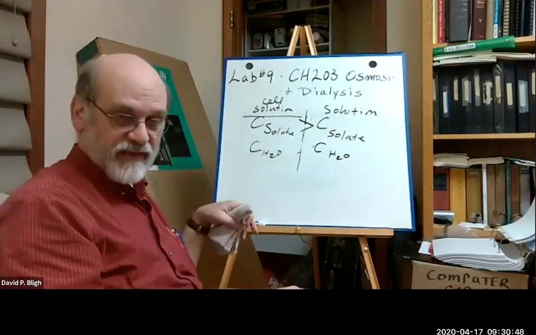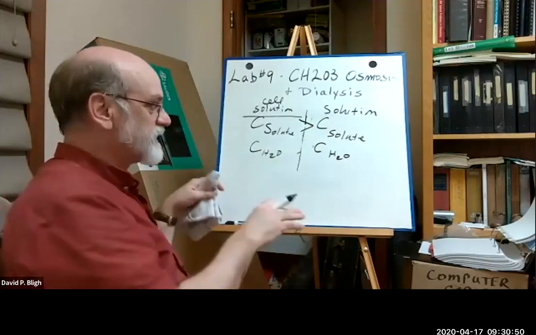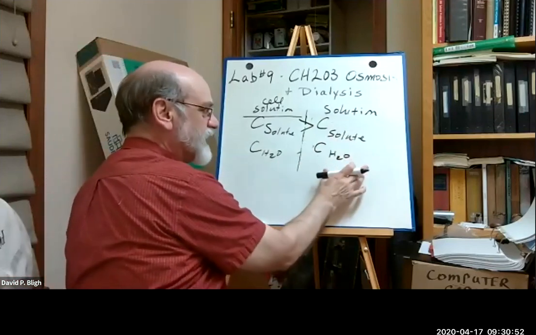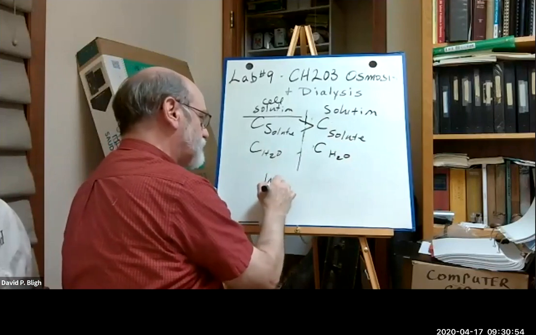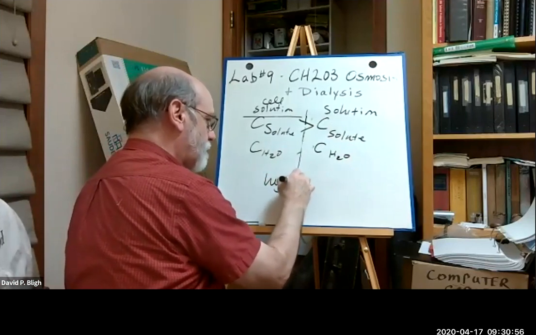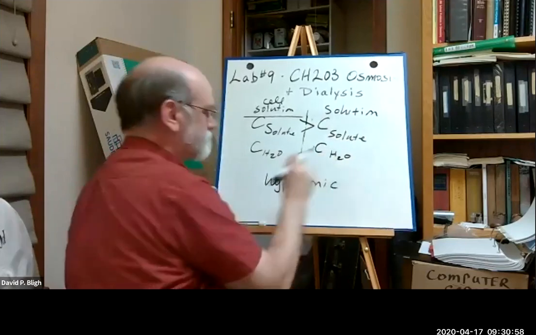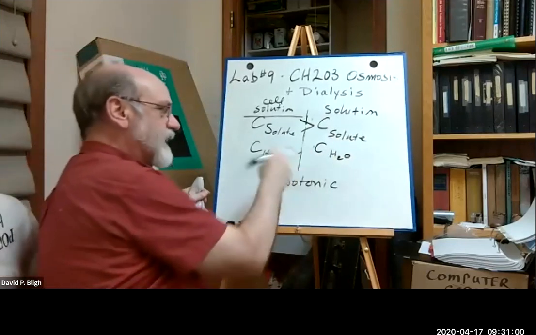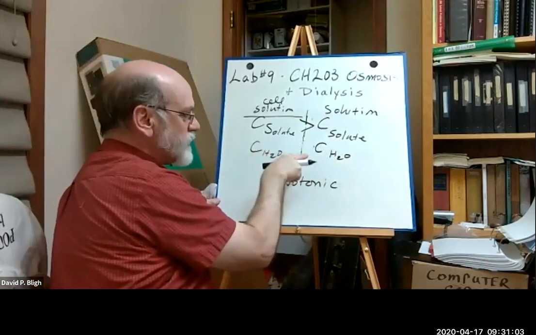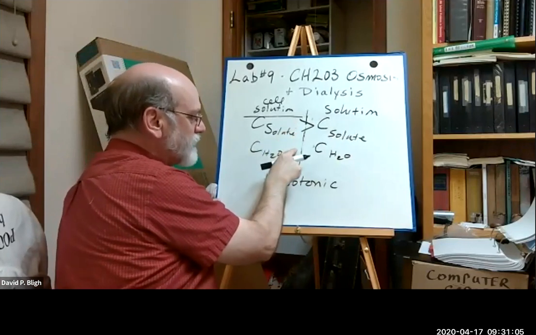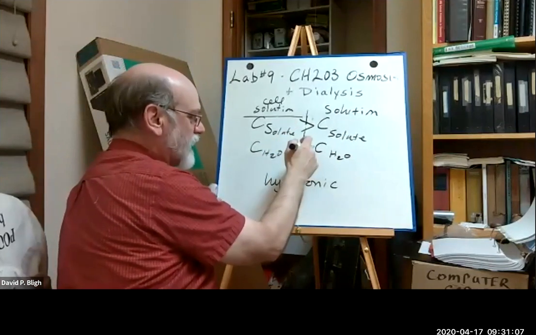Hypo meaning beneath, less than the tonicity. So this is less tonic than that one. So that means that the water concentration on this side is less than on that side.